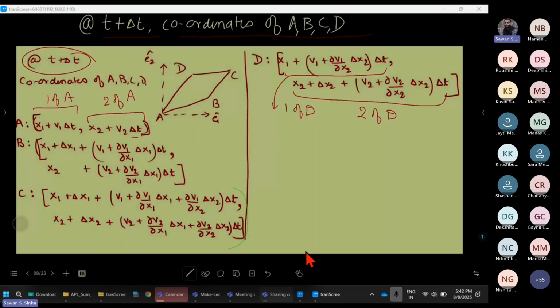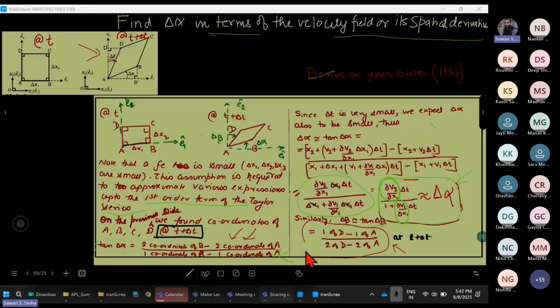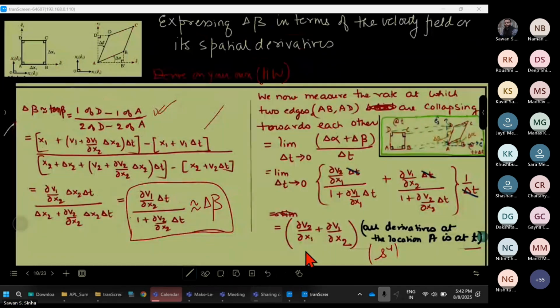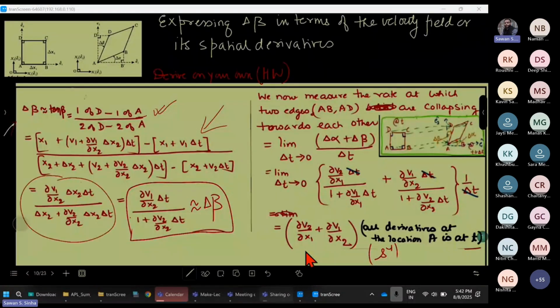Let's pick up these components and plug them here. Few terms cancel out. You get this. Then delta x2 will also cancel out. You get an expression for delta beta. And here you have del v1 del x2 and here del v2 del x2.